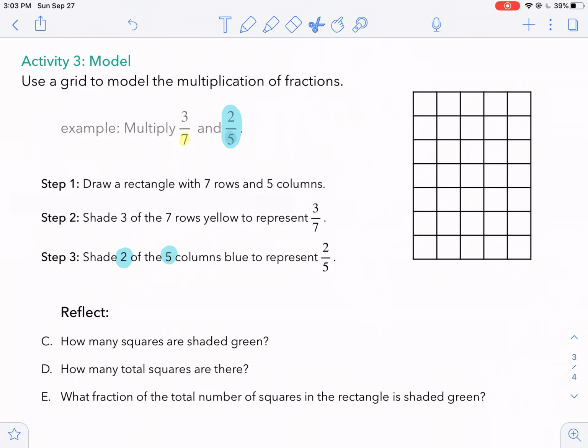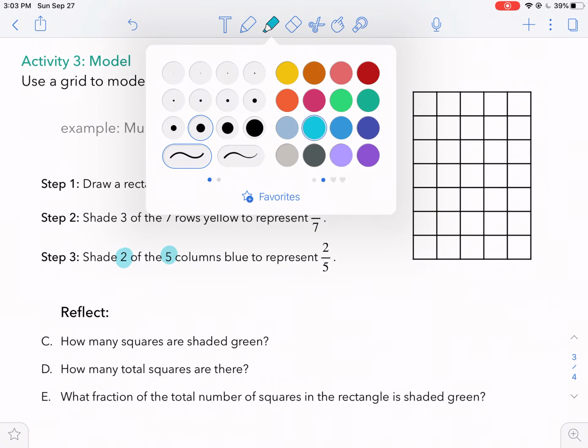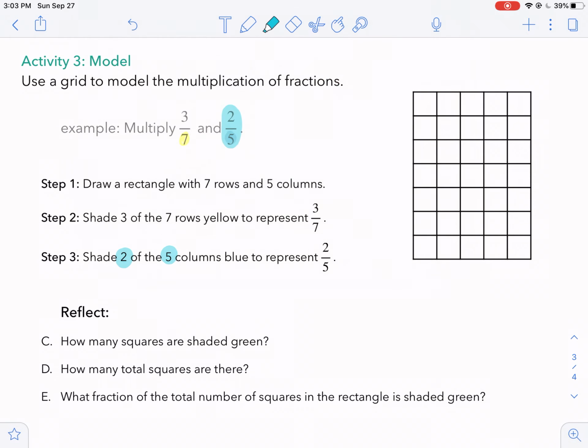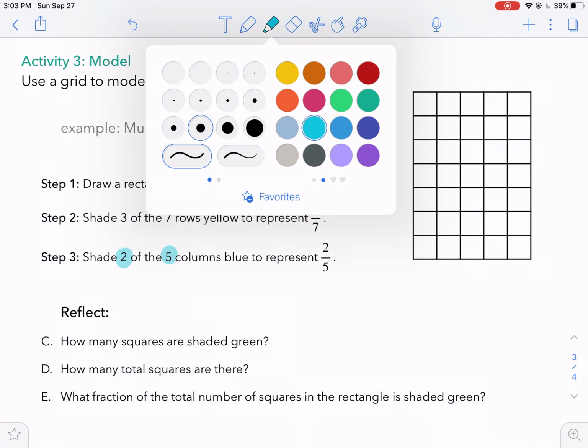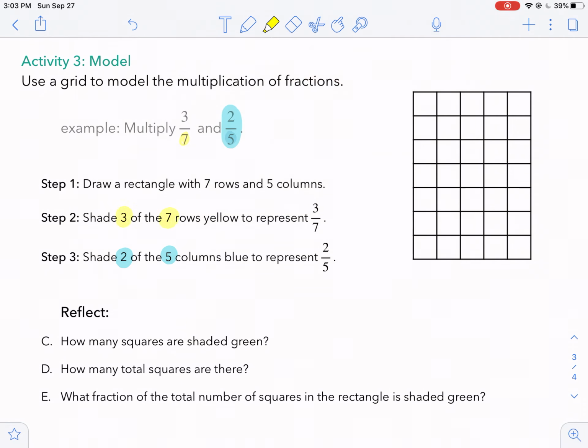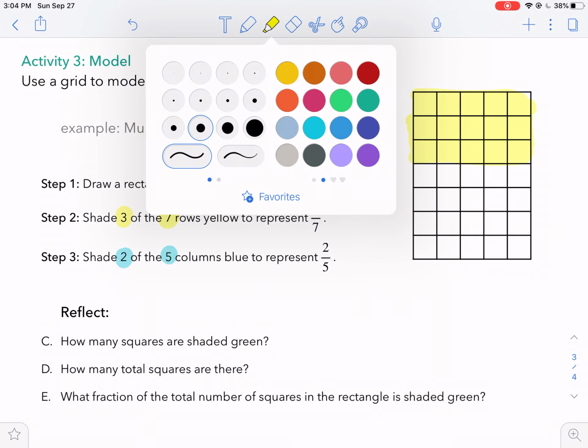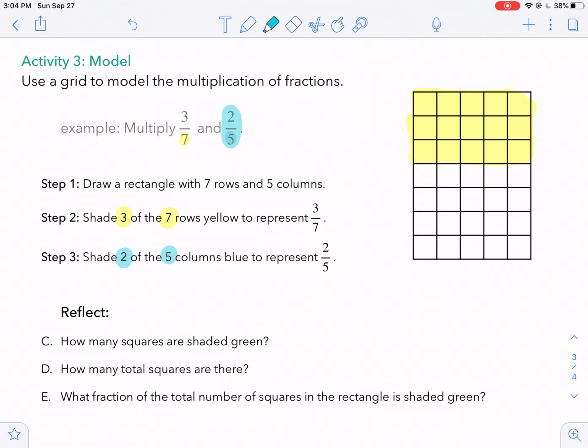We will eventually shade 2/5 of the rows blue, but we're going to do yellow first. So we shade 3 of the 7 yellows. 1, 2, 3. Now that those are highlighted, let's use 2/5 of the rows. So 1, 2. Ta-da!